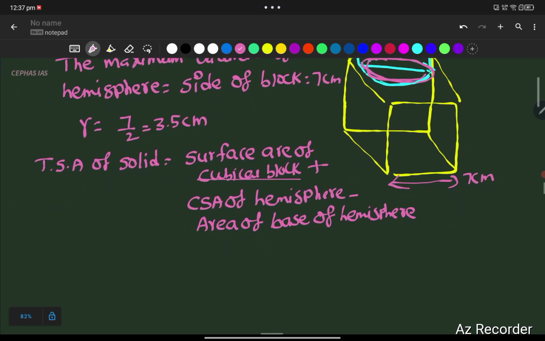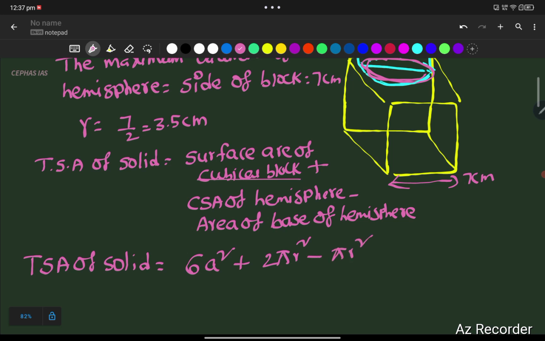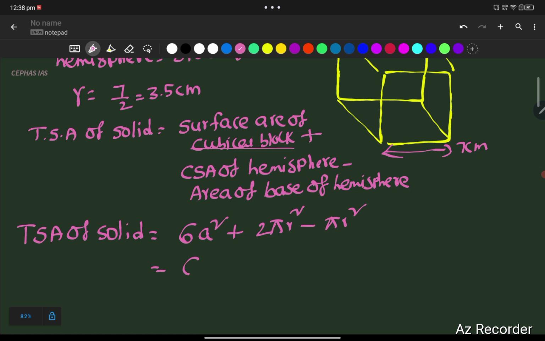So let's find out the TSA of the solid. Surface area of cubical block is 6a square as per the formula, and CSA of hemisphere is 2 pi r square, and area of the base of hemisphere is pi r square. You can simplify that and it will be 6a square plus pi r square.